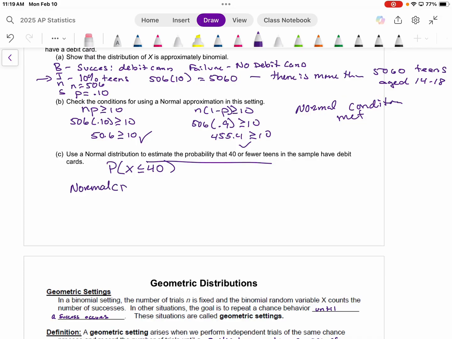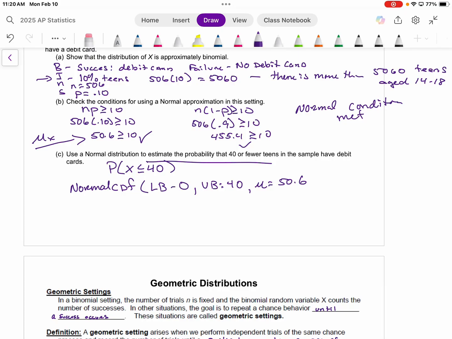So normal CDF. My lower bound would be 0. My upper bound would be 40. My mean is 50.6. Again, when you do the normal condition, the first one you find, the NP greater than 10, that answer to the N times P is your mean.